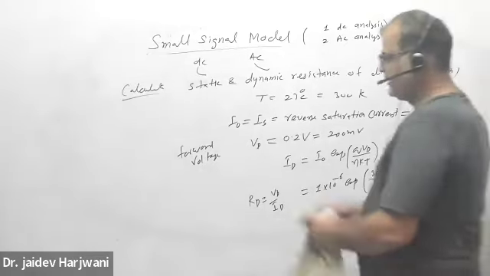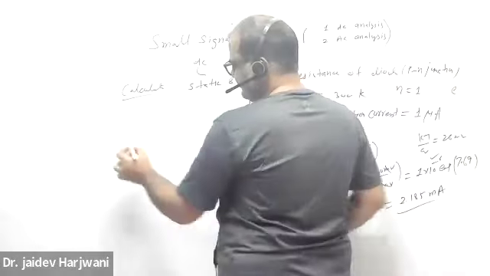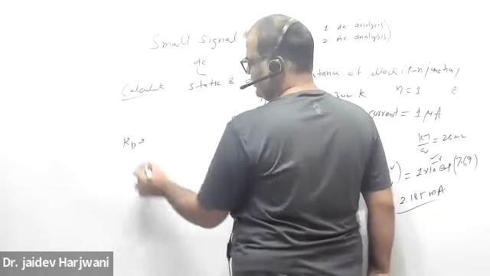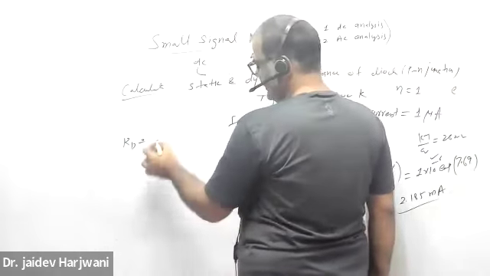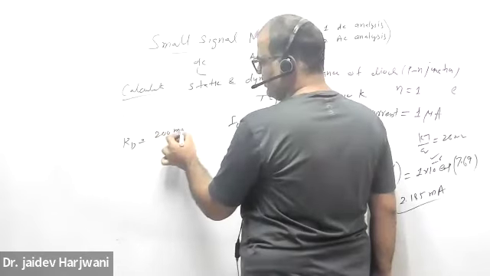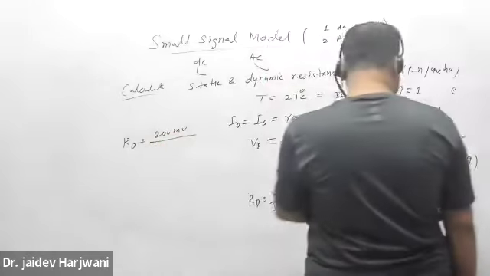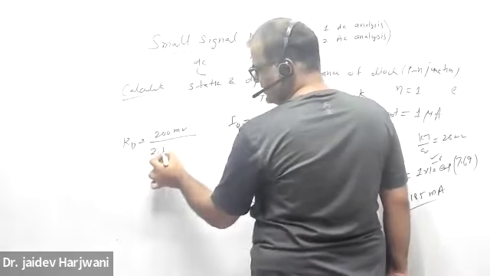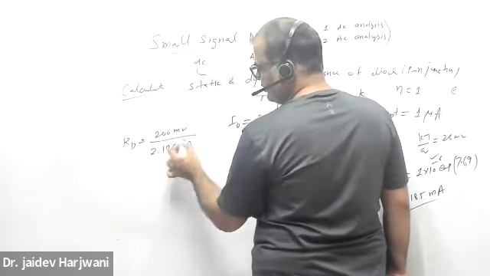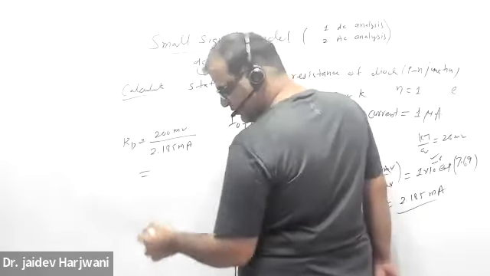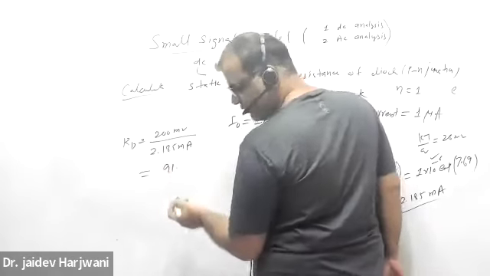Now tell me what is the static resistance RD? RD will be VD. VD is 200 millivolt and the current is 2.1 milliampere. You can please check the value, I don't remember the value. So this will come around 91 point some ohm.